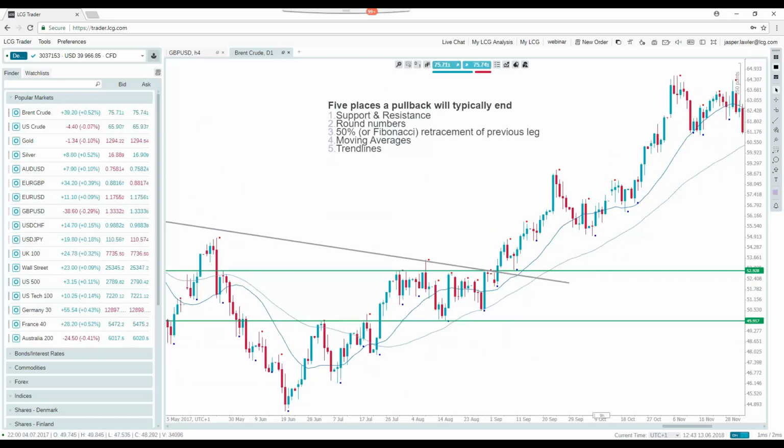You can see here that there were two areas of resistance. The market rallied up, pulled back. This little pullback here ended at this previous resistance level. The market then consolidated below that previous resistance level. We had a kind of sideways period, again supported by a moving average, which I'll mention in a minute.